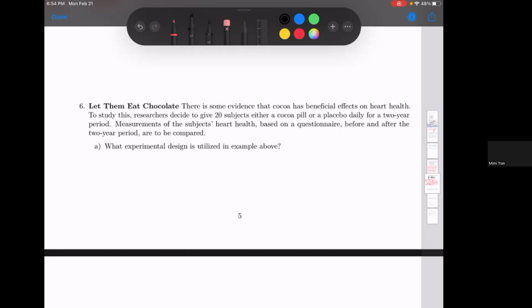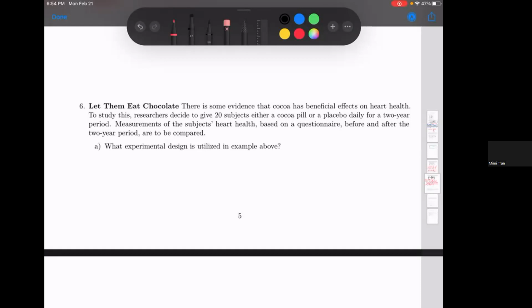I know it's a complete randomized design because 20 subjects are given either a cocoa pill or a placebo. So I don't know which one I'm being given. It's at least single blind here. But the next question says they measure my health before and after, so I'm being measured twice, like your temperature at noon and morning, or your mom's height and your height.